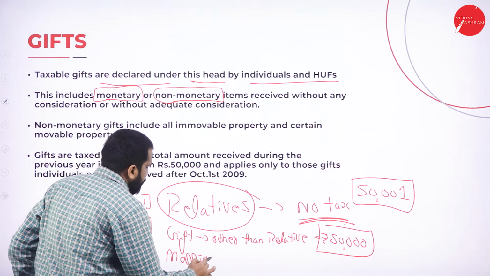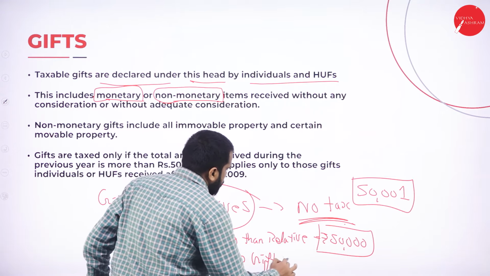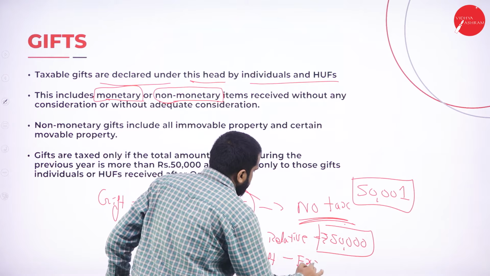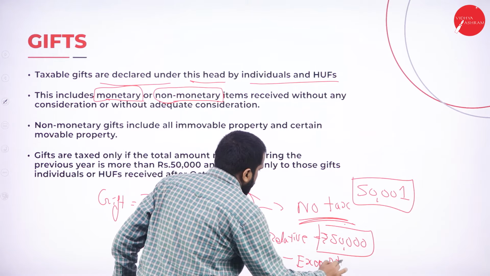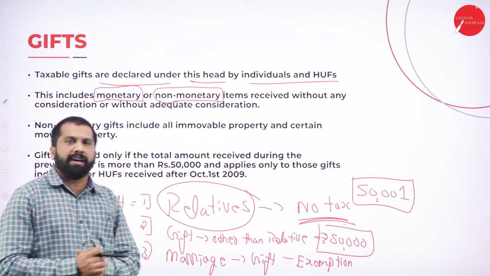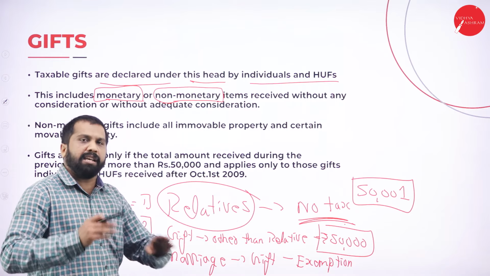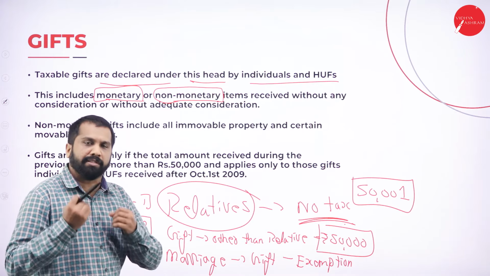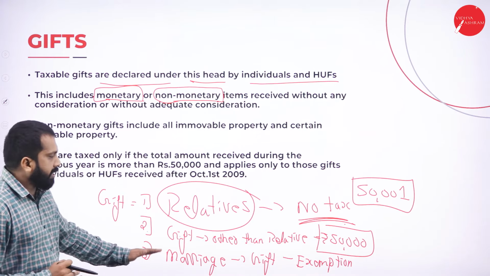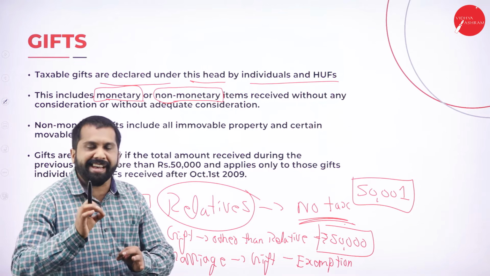Marriage gift exemption, on the occasion of your marriage. At the time of marriage, even though it is a relative, a friend, or somebody else, whatever gift they give on the occasion of marriage, it is completely exempted.